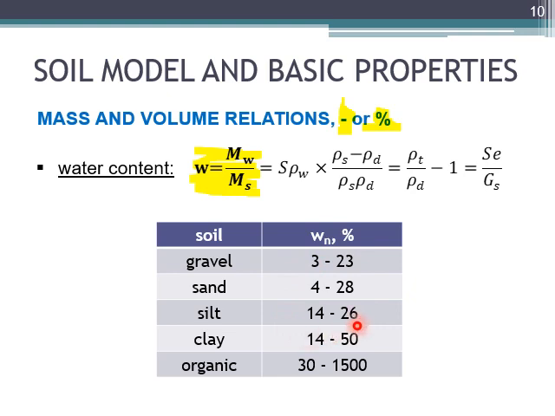But if you are talking about clays, then here this natural water content may be much higher. For montmorillonitic clays, it can be much higher than 50. For organic soils, as you can see, the natural water content can reach even the value of 1500%.